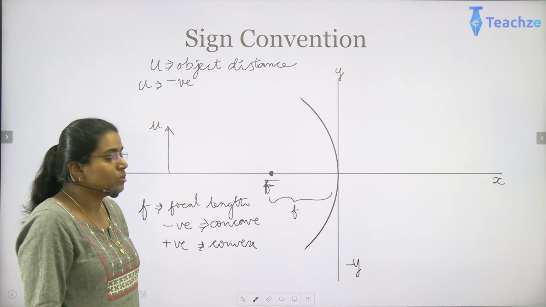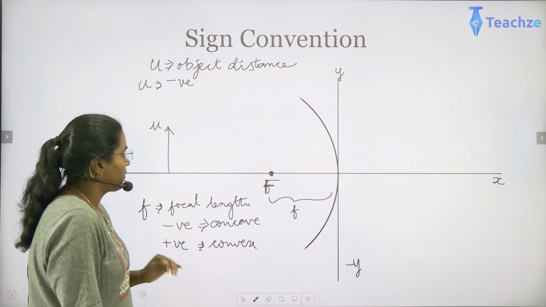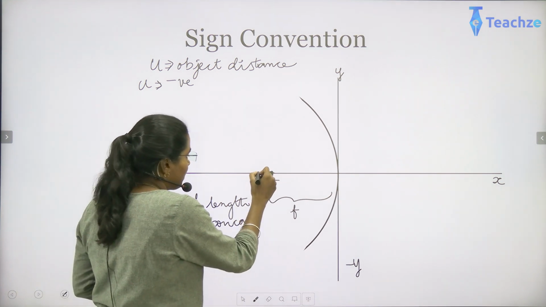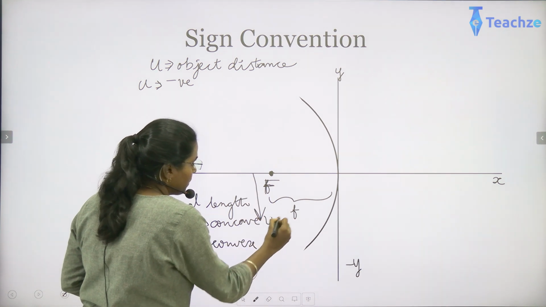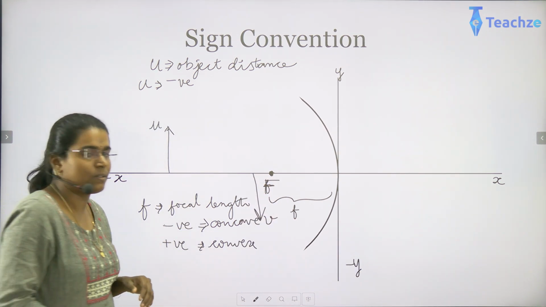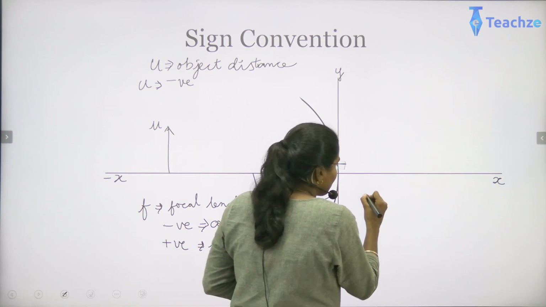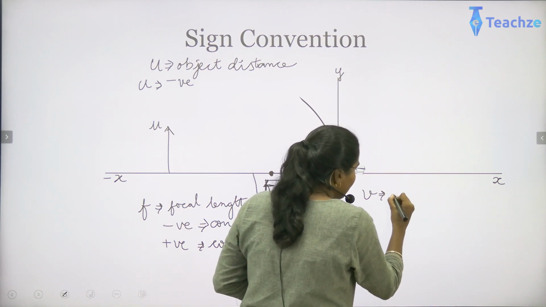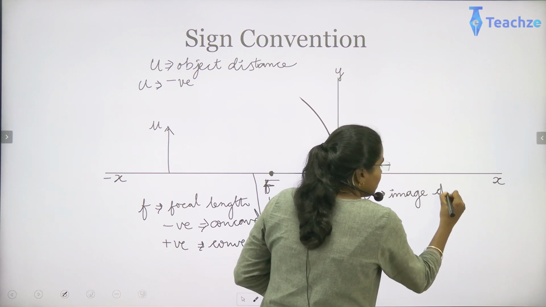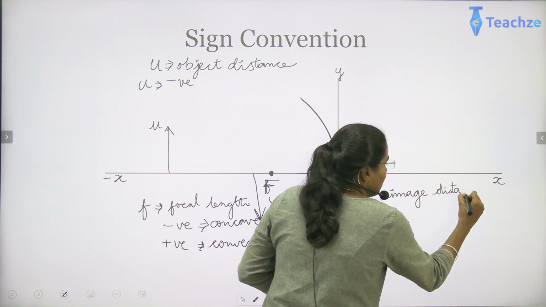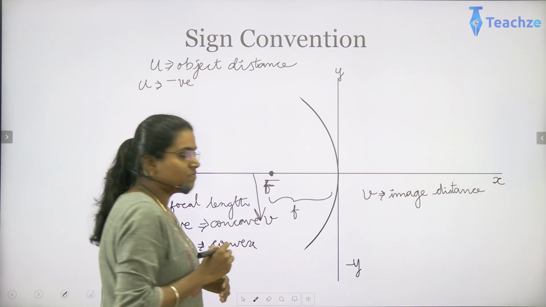Now we will move on to image distance. Okay. Now I say my image is formed here. That is, image distance is v.